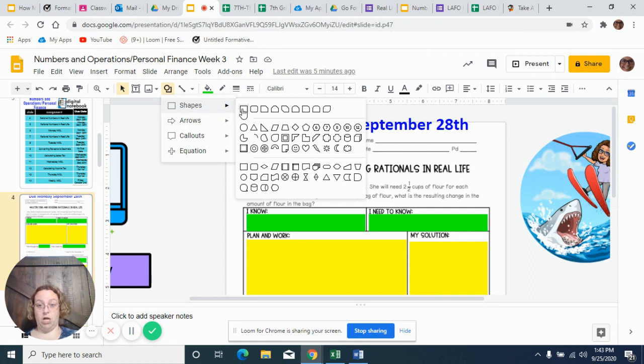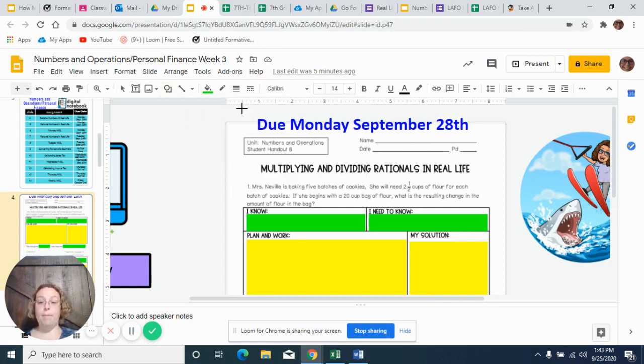So I'm going to start by boxing the things that I know. So Miss Neville is baking 5 batches of cookies. So we're doing 5 batches of cookies.